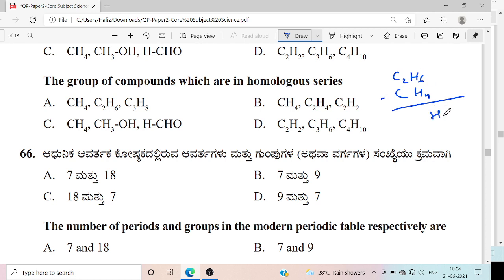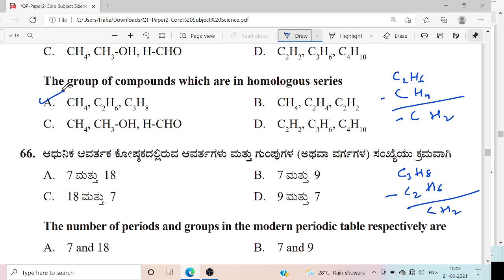Here it is H2 and here it is C, means I got the difference of CH2. If same difference I get here, then I will not go to the other options. If you subtract the C2H6 from C3H8, what you get, see here, C3H8 minus C2H6. So again the difference is of CH2, means here only we got the option.